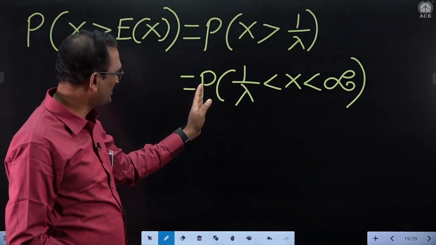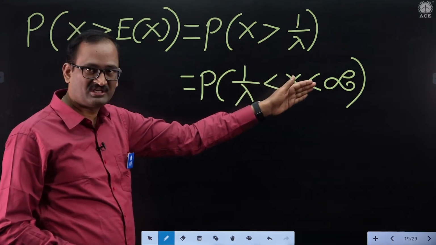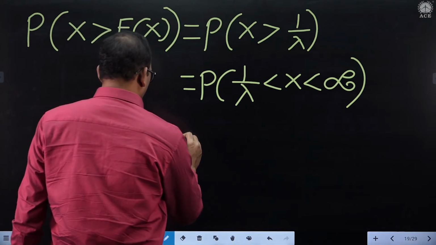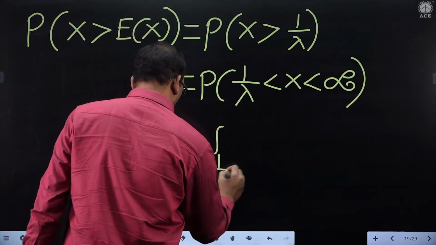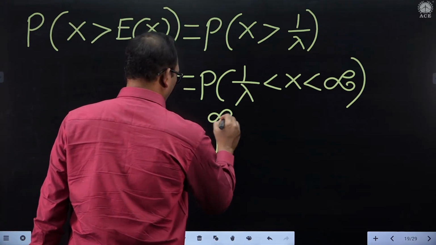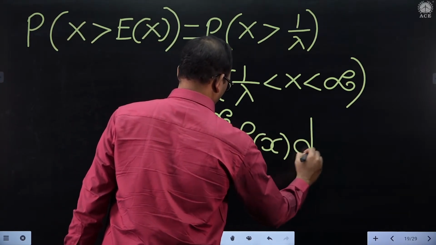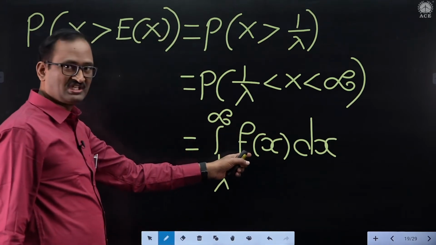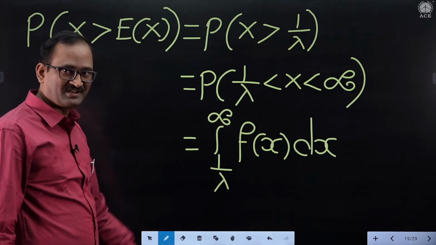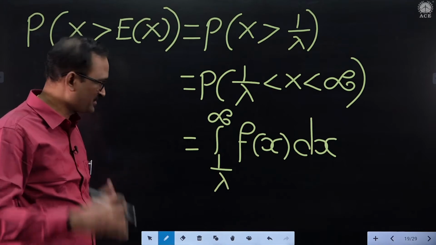So this is probability of a less than X less than b, which should be written as the integral from a to b, here 1 by lambda to infinity, of f of x dx. f of x is the probability density function of an exponential distribution.